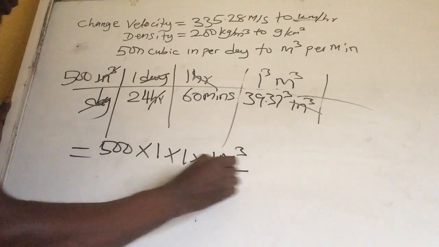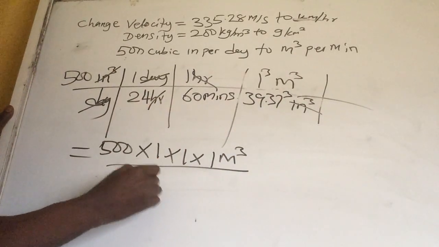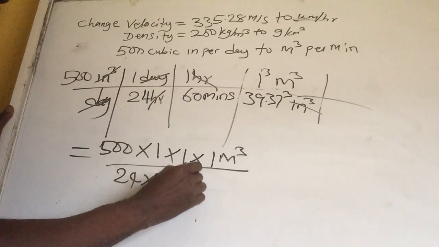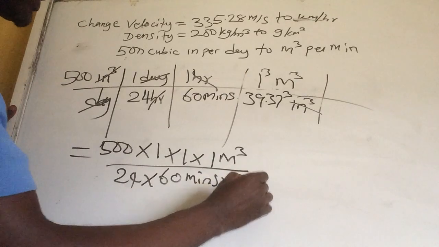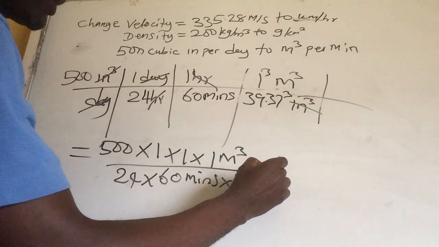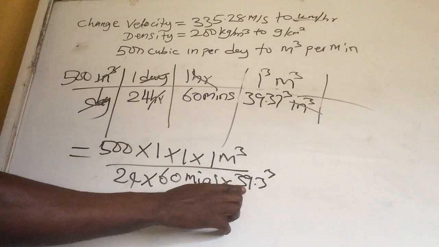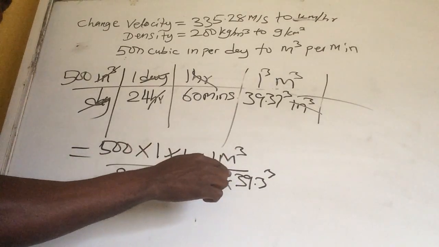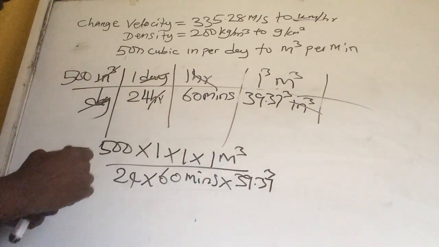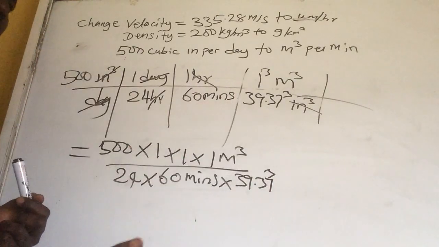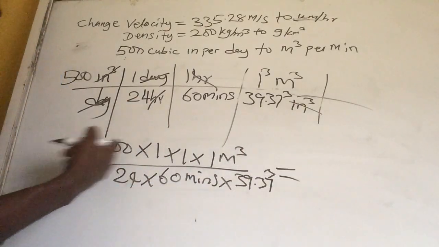All over 24 times 60 minutes times 39.37 raised to power 3. So when you find this, it means 39.37 times 39.37 times 39.37. And when you have it, then multiply up.